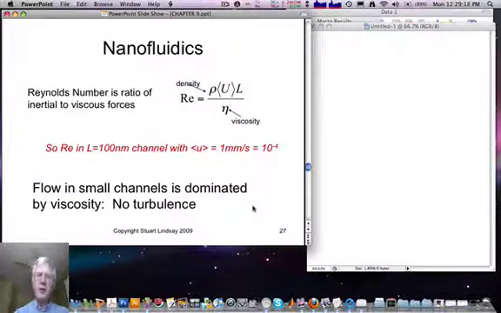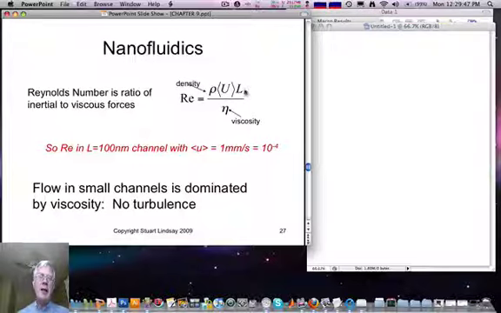Length scales in fluid flow are intrinsically much larger than the nanoscale. This is illustrated by considering this dimensionless quantity here, the Reynolds number, the ratio of inertial forces on a fluid element to viscous forces. Rho is the density of the fluid, which when multiplied by its mean speed of flow is a measure of the momentum per unit volume and hence the inertial forces.